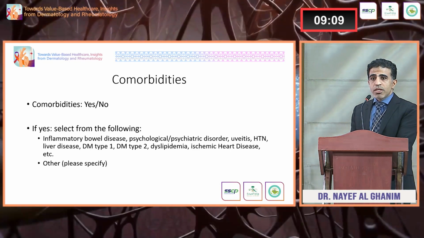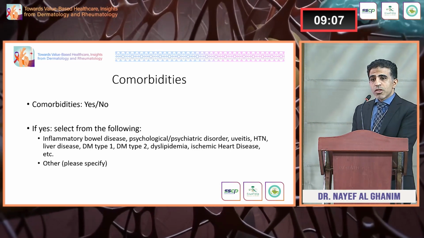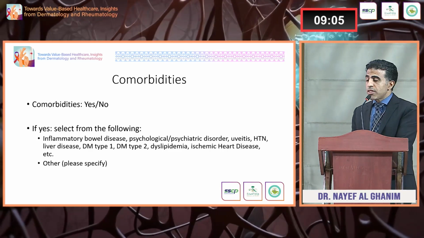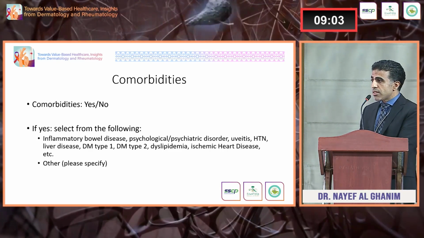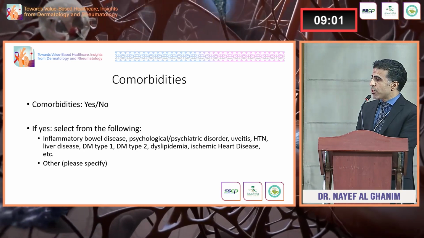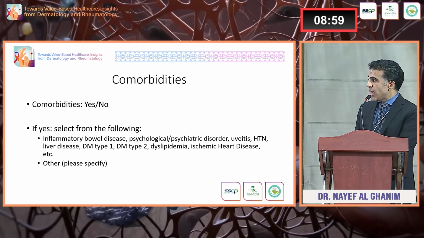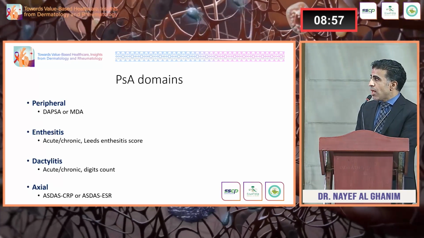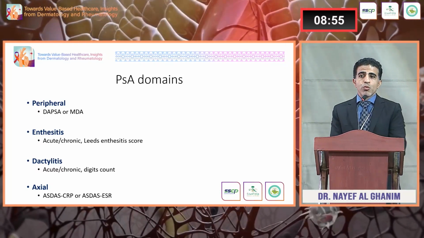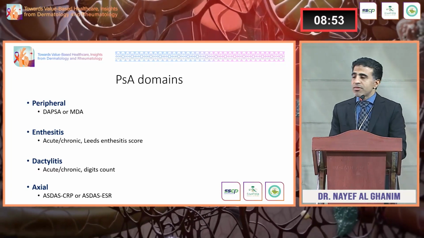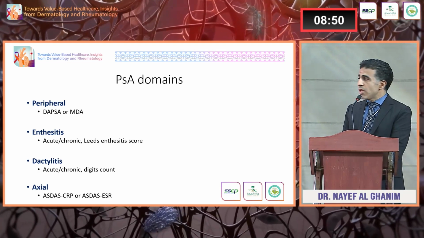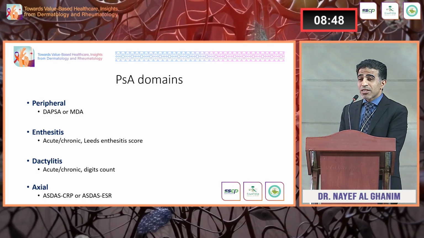Comorbidities are included in the registry, and it includes the most common comorbidities seen in psoriasis and psoriatic arthritis, like hypertension, dyslipidemia, and diabetes. Then you'll be asked to choose which domain your patient has: peripheral, enthesitis, dactylitis, or axial.